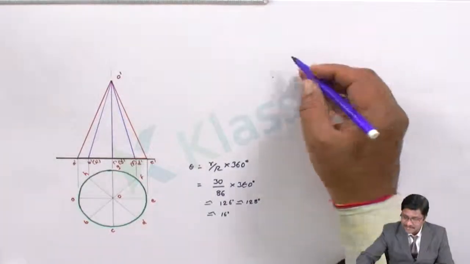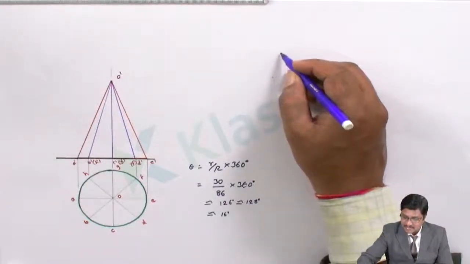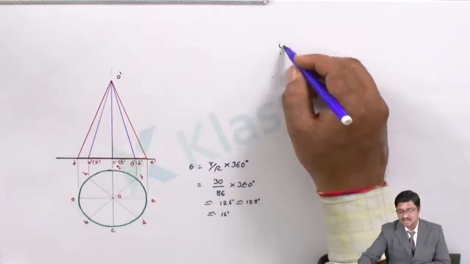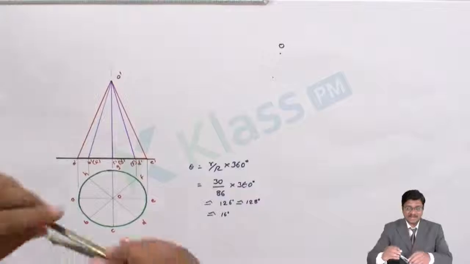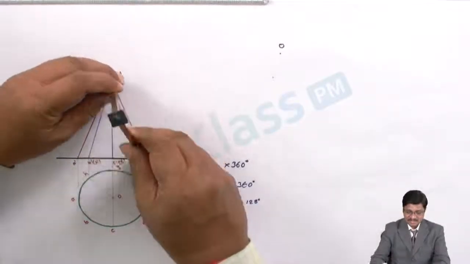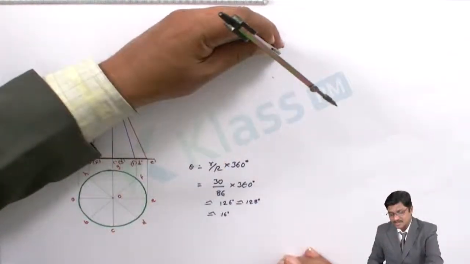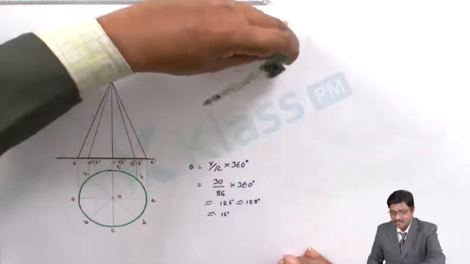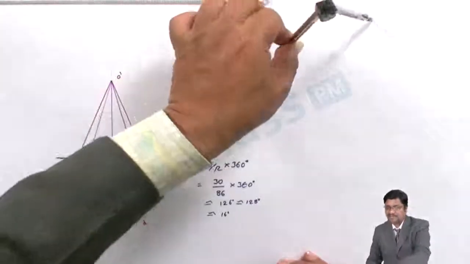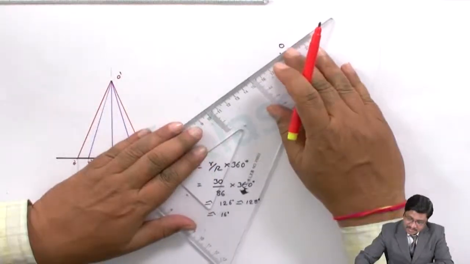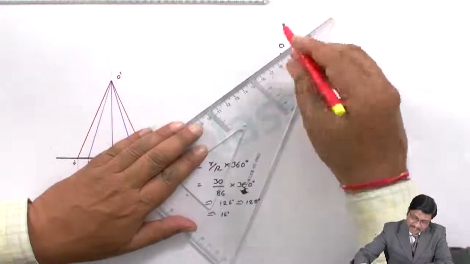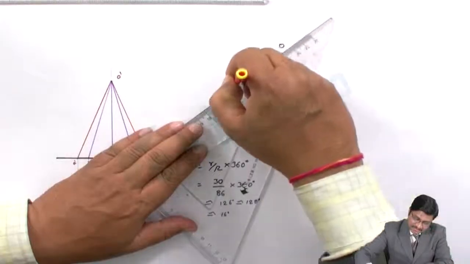For that, consider some point anywhere as a center of reference, that is O. We are applying the radial line method. I take the measured distance from here, with this point as the center, and draw one blind arc. After that, take the scale and draw a simple primary normal line.